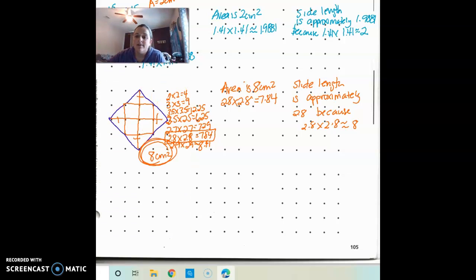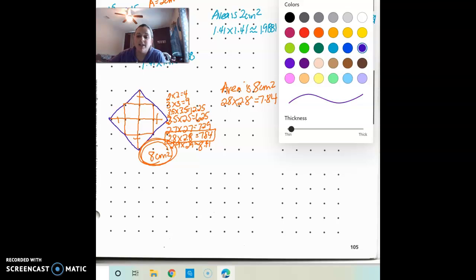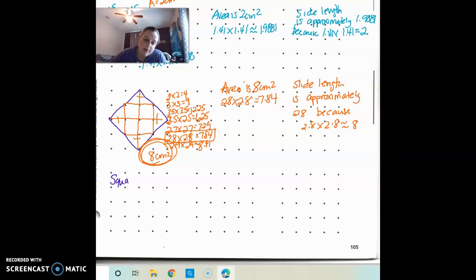Okay, so then what we're actually looking at is what we like to call this magical number called a square root. So I'm going to have you circle that, highlight that. The root of a number.